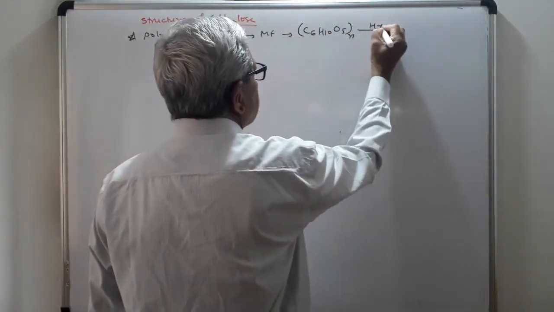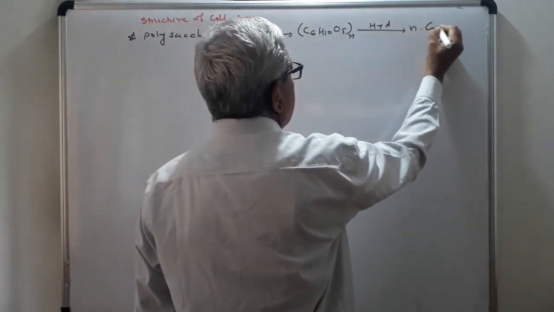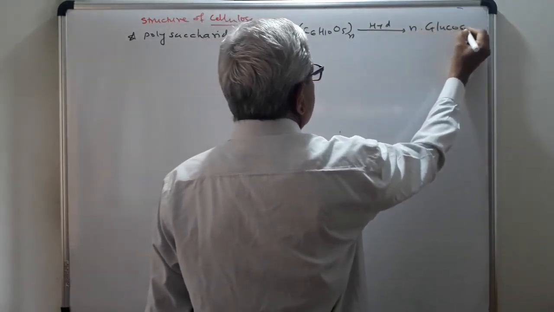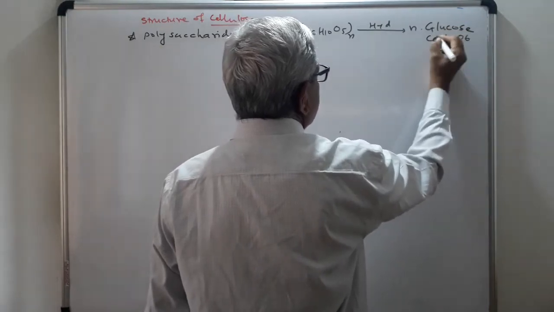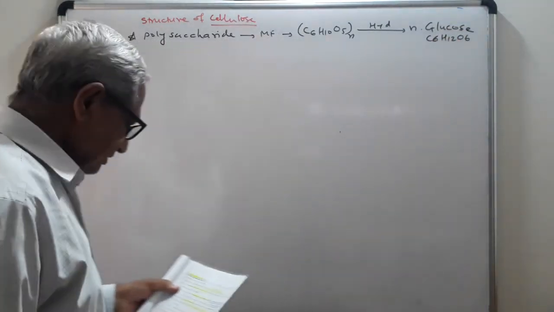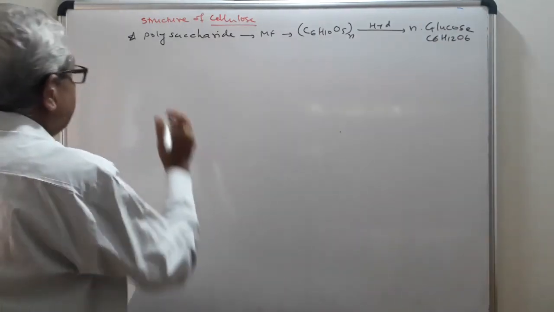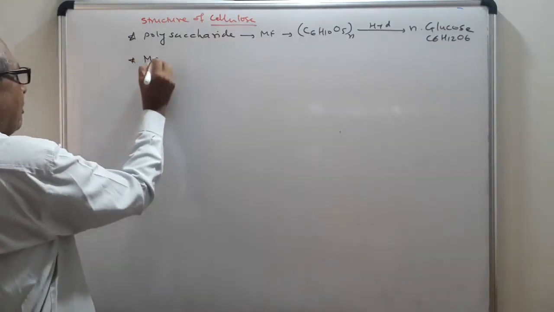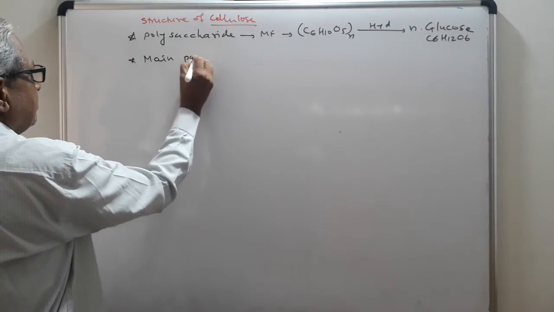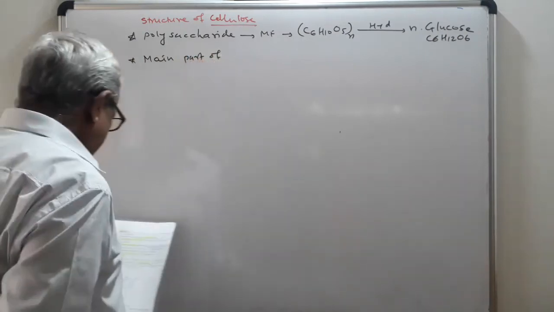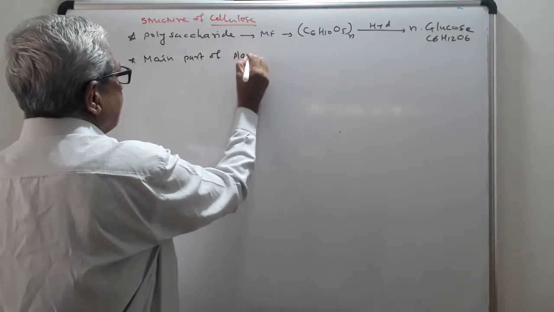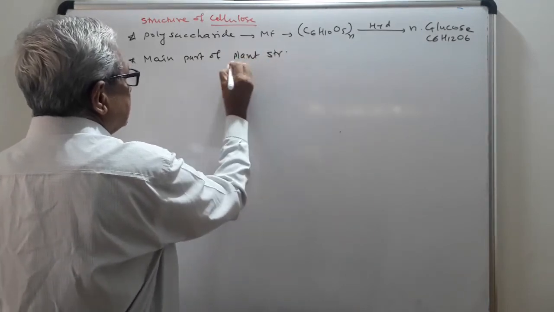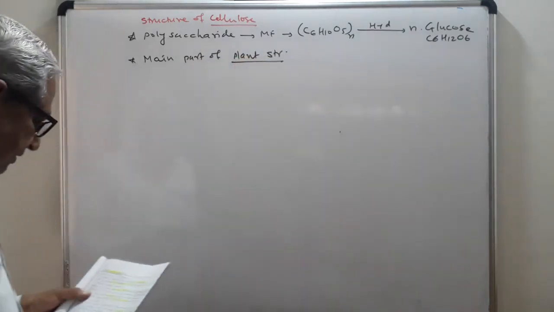On hydrolysis it gives n molecules of glucose, which has the molecular formula C6H12O6. Second thing, it is the main part of plant structure.